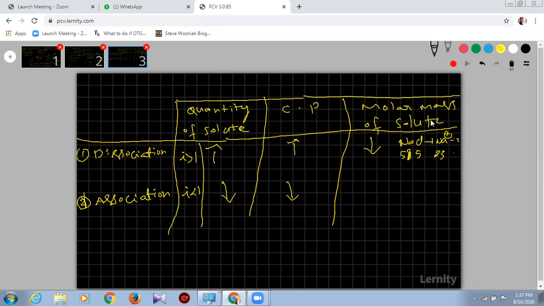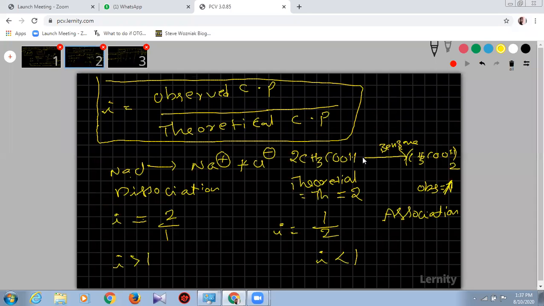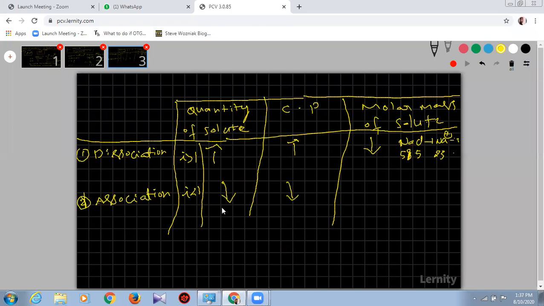Now when we come to the molar mass here, you will understand. Initially, what is the molecular weight of acetic acid? 60. And what about the dimer? 120. That means in association, molar mass will increase. Got it?